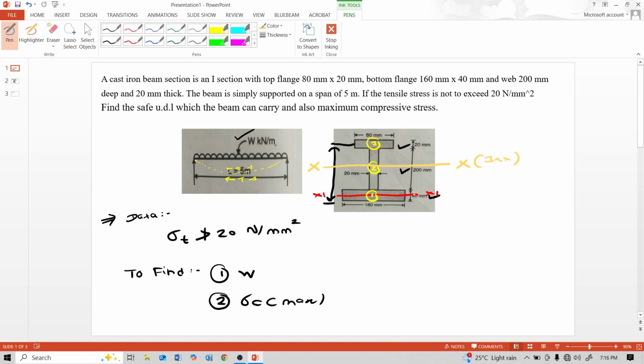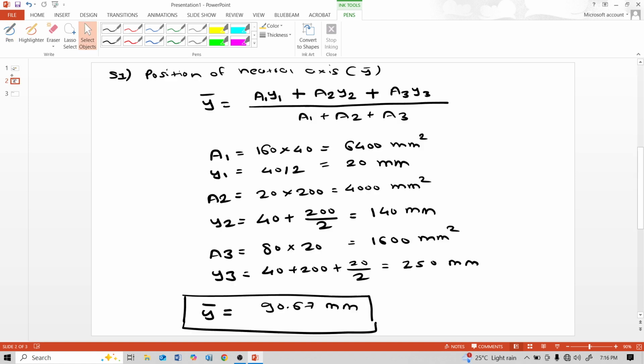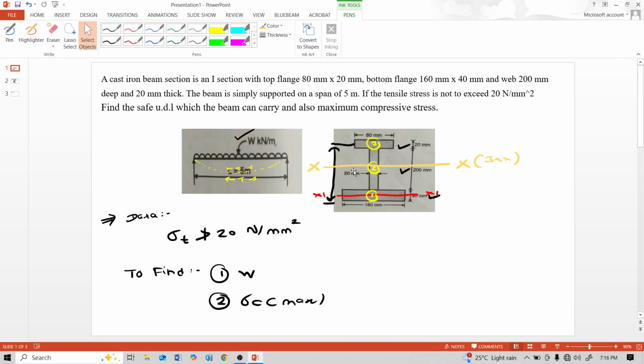For calculation of Ix1, parallel to this x1 axis the dimension is 160, as it is, multiplied by 40 cubed divided by 12, plus the area for that bottom flange, which is 6400, multiplied by the distance between this x axis and x1 axis. The distance between this x axis and x1 axis is this much distance.